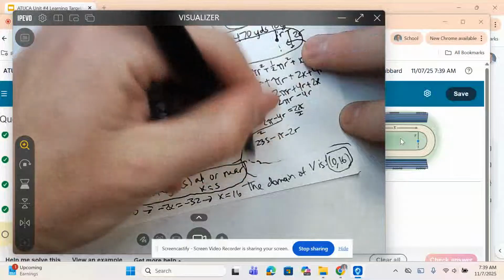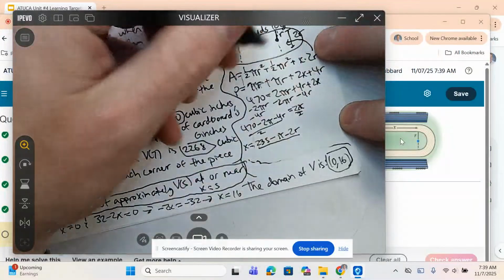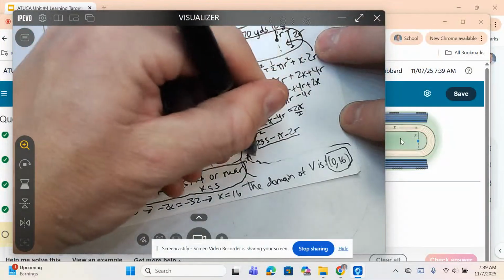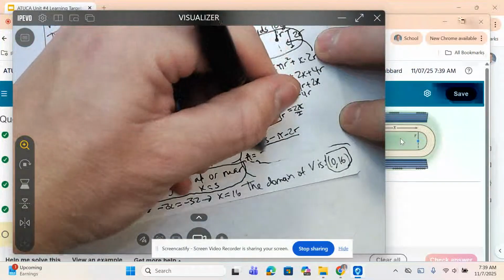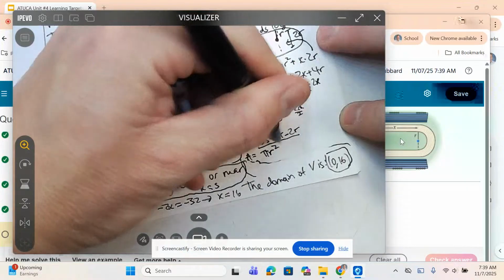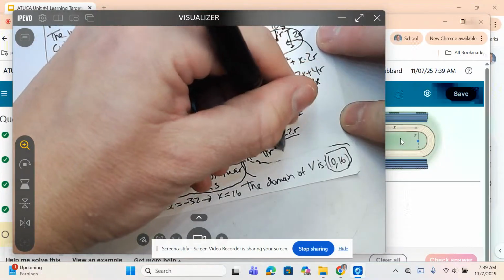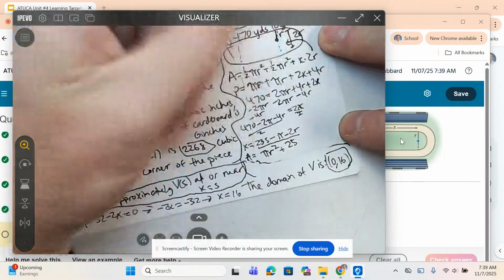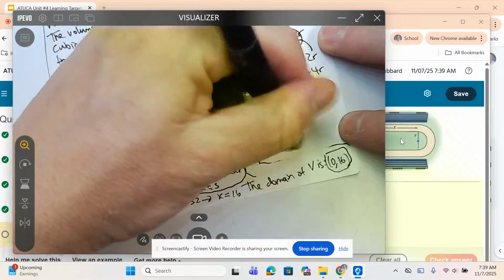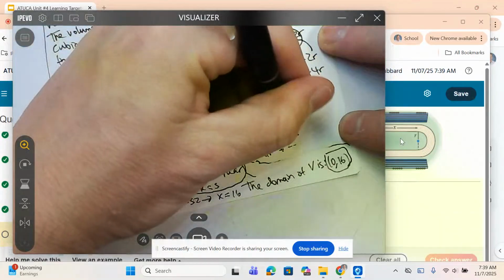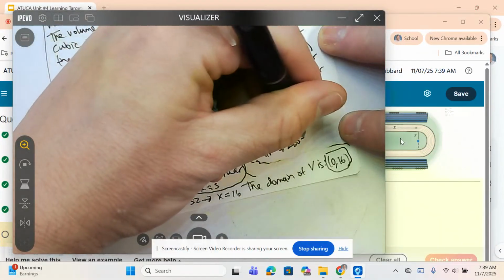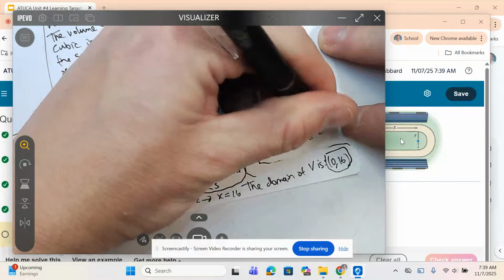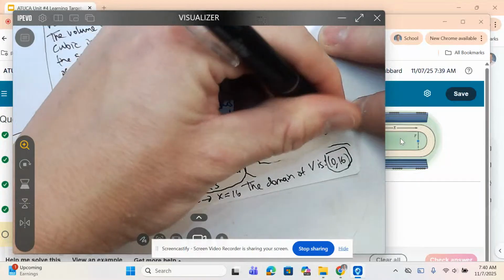And so as I do that, I'm going to have A equals pi r squared, plus x times 2r. So x is 235 minus pi r minus 2r, times 2r.